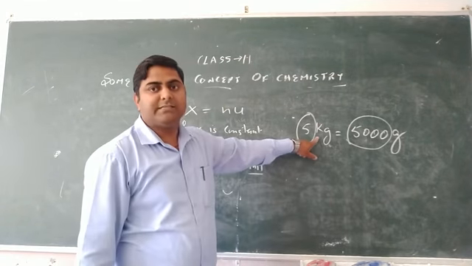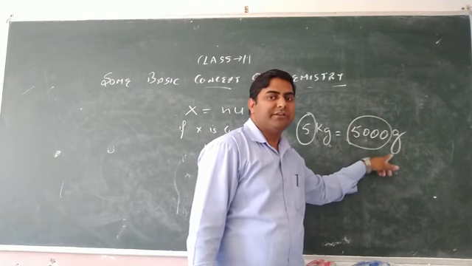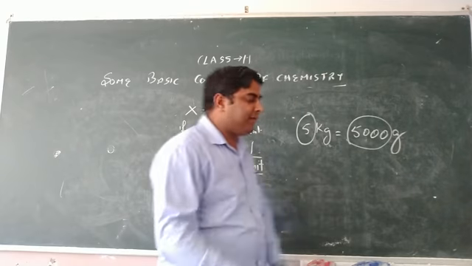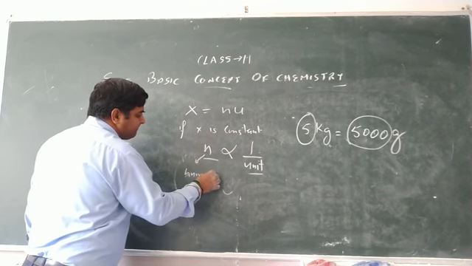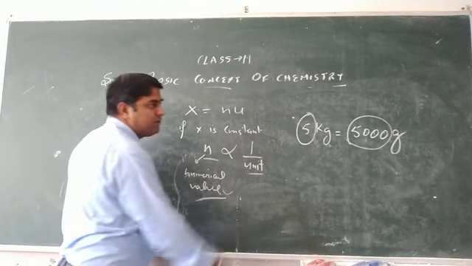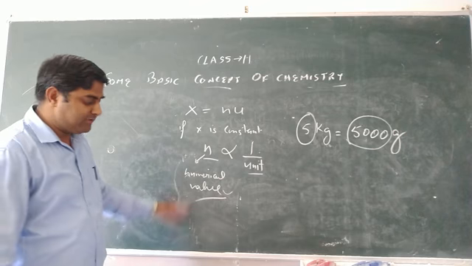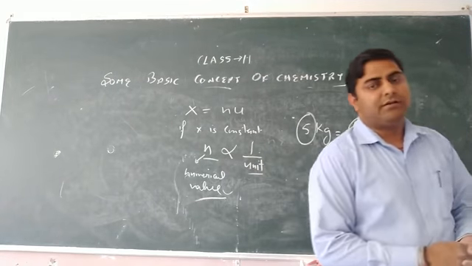Here, kg is a bigger unit, whereas here, gram is a smaller unit. So, we can easily find out that numerical value is inversely proportional to unit. That is very important.